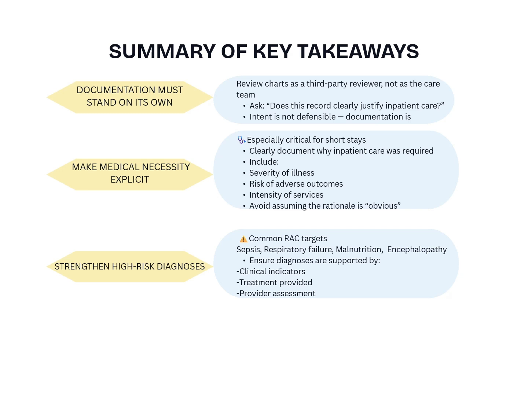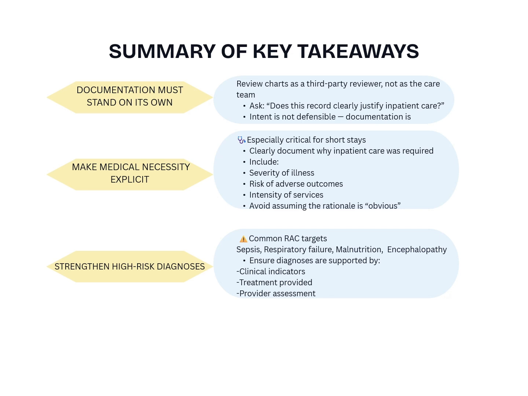Clearly document why inpatient care was required, include severity of illness, risk of adverse outcomes, intensity of services, and avoid assuming the rationale is obvious. 3. Strengthen high-risk diagnoses. Common RAC targets are sepsis, respiratory failure, malnutrition, encephalopathy.